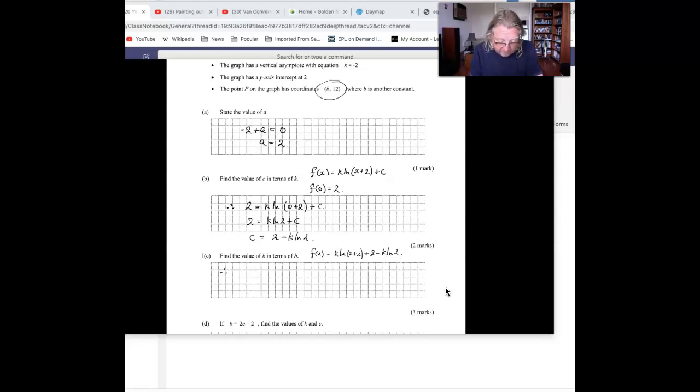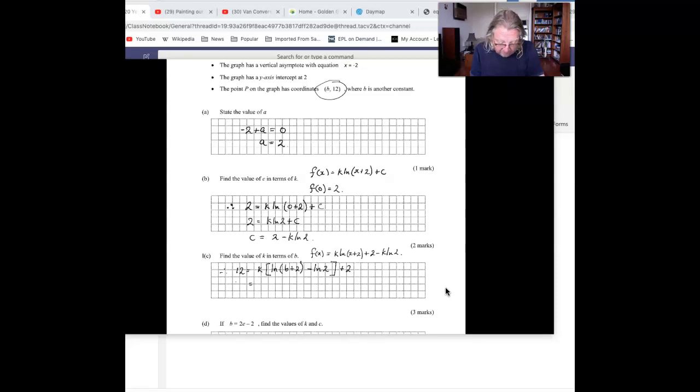So we know that when x is equal to b, f(x) is equal to 12. So we're going to have 12 equals, now what we can do to simplify this is take k out as a common factor first, and that'll be the log of (b + 2) minus log 2, plus 2. And so we're going to simplify log(b + 2) - log 2.